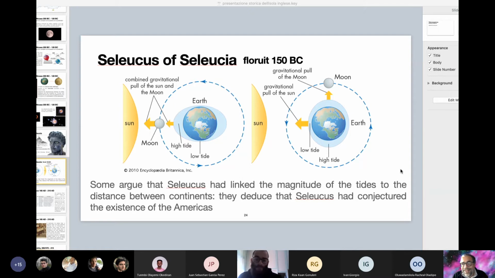Clearly the amount of water which can be moved differs, so you can easily connect the distance between continents to the amplitude of the tides as observed somewhere. So it is not impossible, let us say in this way, that Seleucus could have estimated the distance between Africa and the continent on the other side. Of course, he did not call it America. He could have called it in another way.